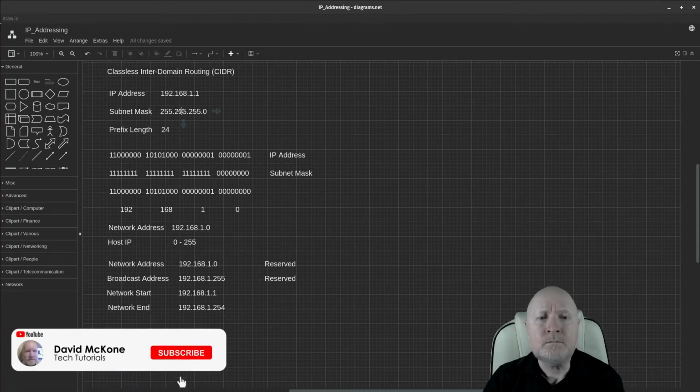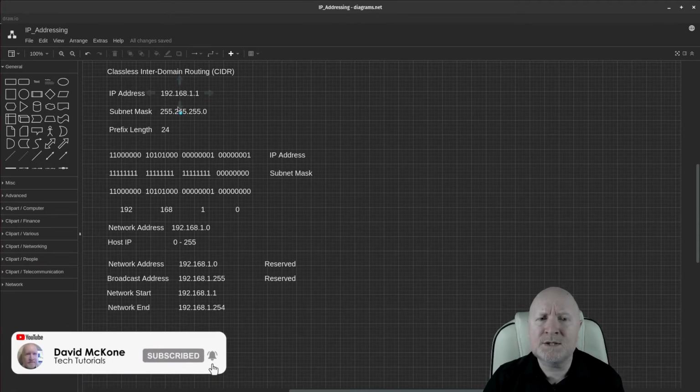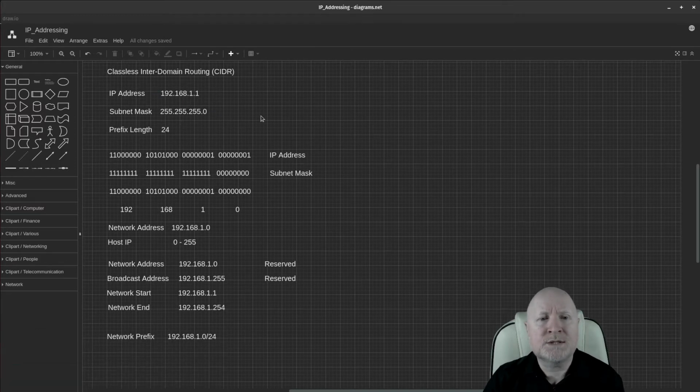It's applied against the IP address to derive the network address, and we've got a lot of flexibility in how we set this up. Now the thing to bear in mind is some operating systems will ask for the IP address and the subnet mask, whereas some will ask for the IP address and the prefix length.